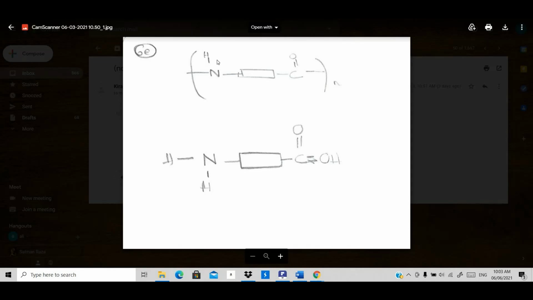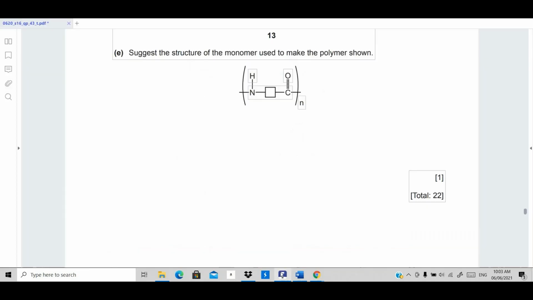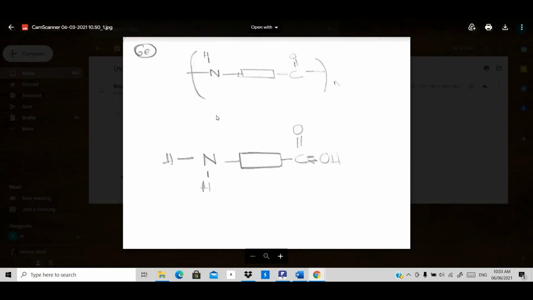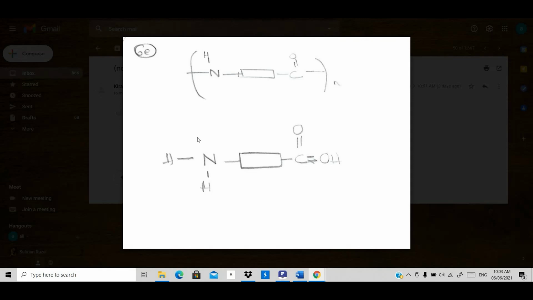So this is the diagram for the structure which the question asks about. This is the structure of the monomer used to make the polymer shown. This is the polymer, and this is the monomer structure. Okay, so this was the end of the 0620 paper 43, May 2016.